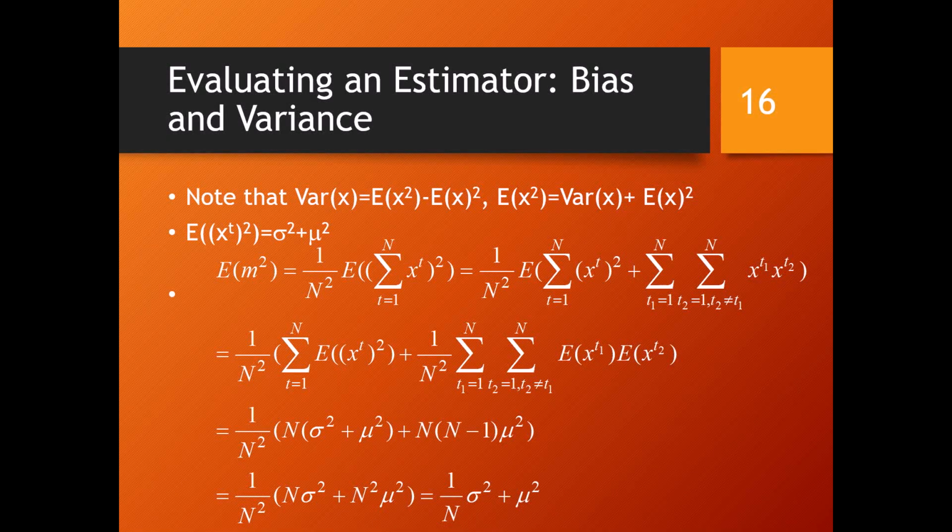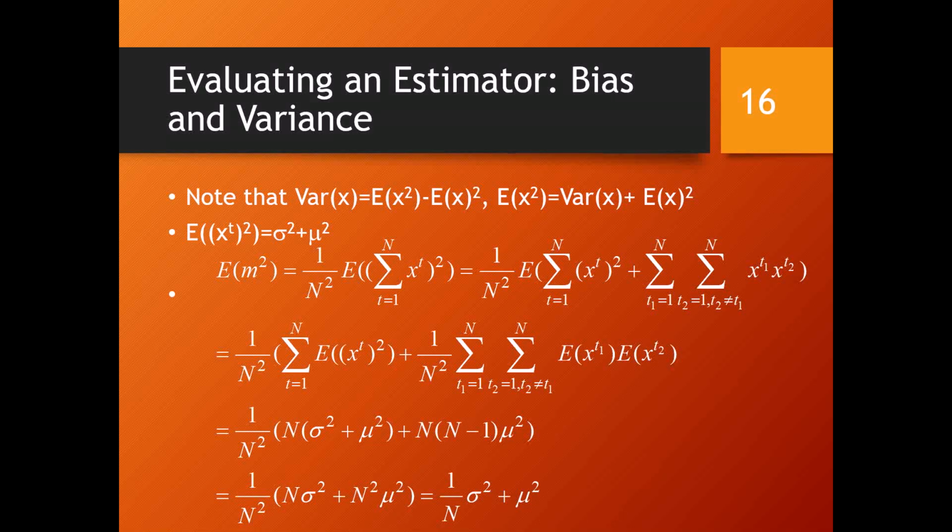Because when t2 equals t1, we have the square term. Then you take the expectation. Because xt1 and xt2 are independent, the expectation of xt1 times xt2 is equal to the expectation of xt1 times the expectation of xt2, as long as they are independent.